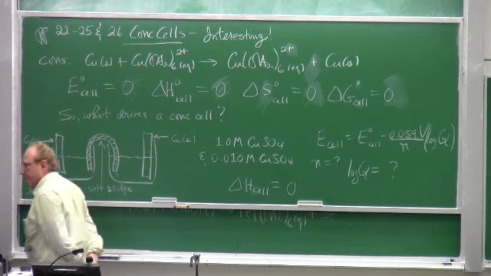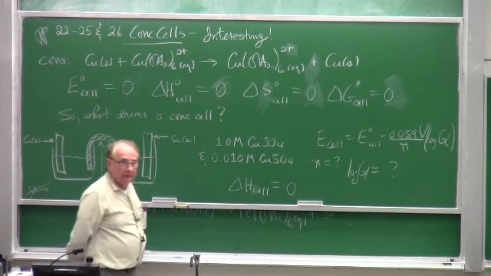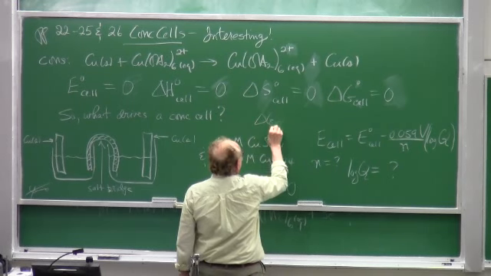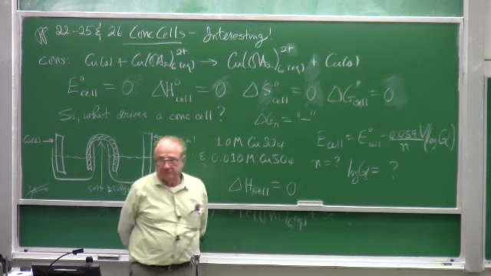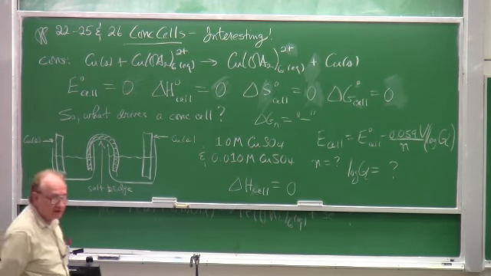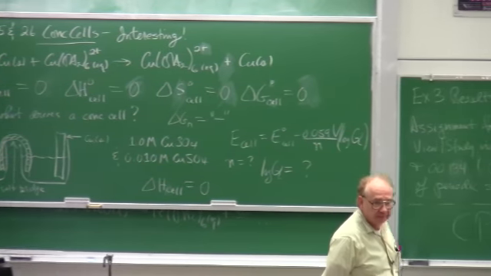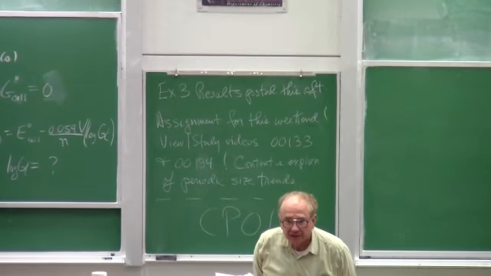Now then, if we get net current flow for an operating concentration cell, then it must be true that delta G is non-zero. What accounts for this? What thermodynamic function for this concentration cell system accounts for delta G being non-zero? Different concentrations. I want the thermodynamic function.